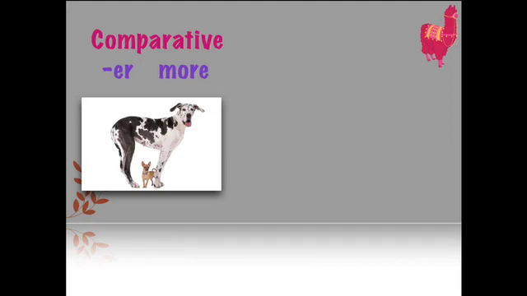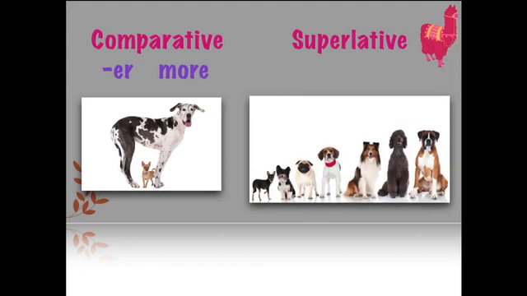Now, also guys, we learned the superlative. Here we are going to compare one thing versus a group. And we are going to have 2 ways. We use -est when we have 2 or fewer syllables, and most when the adjective in this superlative is longer than 3 syllables.